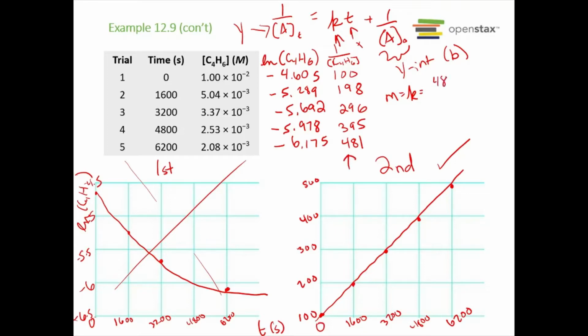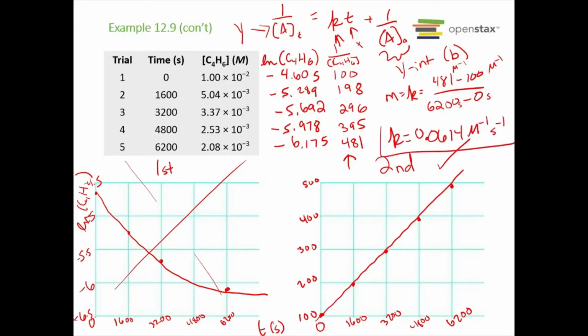So we have 481 minus 100 divided by 6200 minus 0. And so these are 1 over molar, so inverse molar on top, seconds on bottom. So then our units for K are inverse molars, inverse seconds. So then we get that K equals 0.0614 inverse molar, inverse seconds. And there we go.